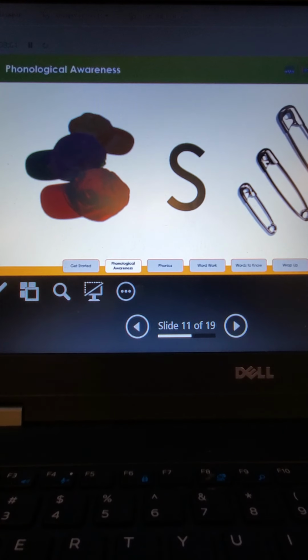The next word is kicks. Do you hear the S sound at the end of the word kicks? Next is fits. I hear that S. And the last one is lays. I hear the Z. Great job.